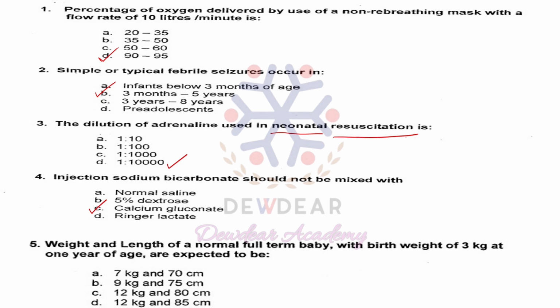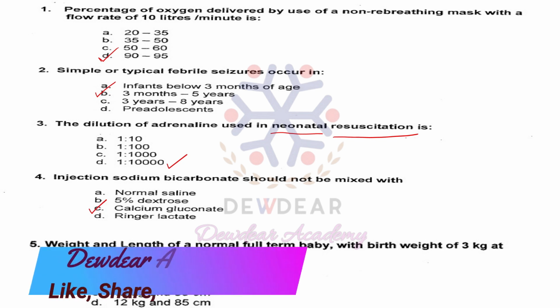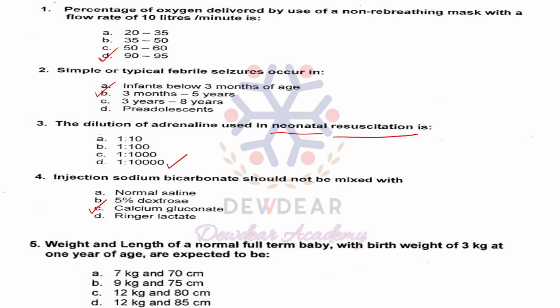Options are 7 kg and 70 centimeter, 9 kg and 75 centimeter, 12 kg and 80 centimeter, 12 kg and 85 centimeter. The correct answer is option B, that is 9 kg and 75 centimeter.